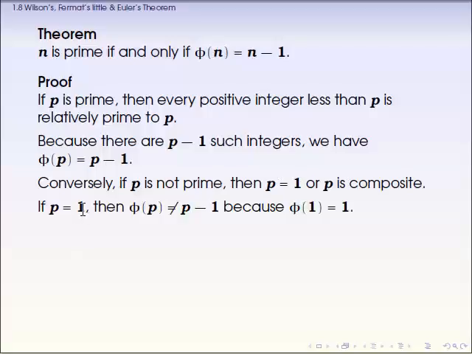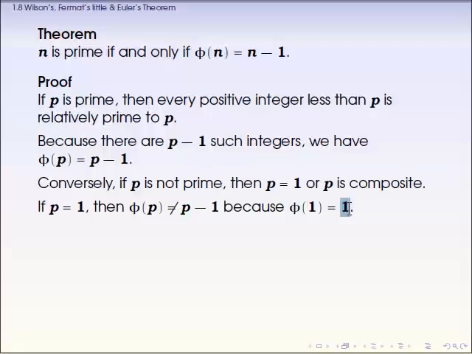If p is 1, then phi of p should be 1, because by the definition of phi of n, we are looking for the positive integers not exceeding n. So there is only one integer, which is 1, that is positive and not exceeding 1. And 1 is relatively prime with itself, because the greatest common divisor of 1 and 1 is 1, right?